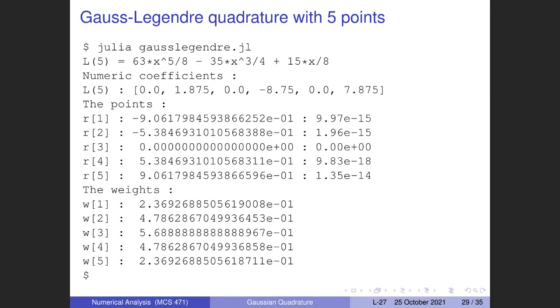We see the Legendre polynomial of degree 5, its numeric coefficients, its numerical roots with backward error, and then also the corresponding weights. And again, the weights, how accurate are they? Well, this is a symmetric formula, so you actually have a way to measure the forward error.